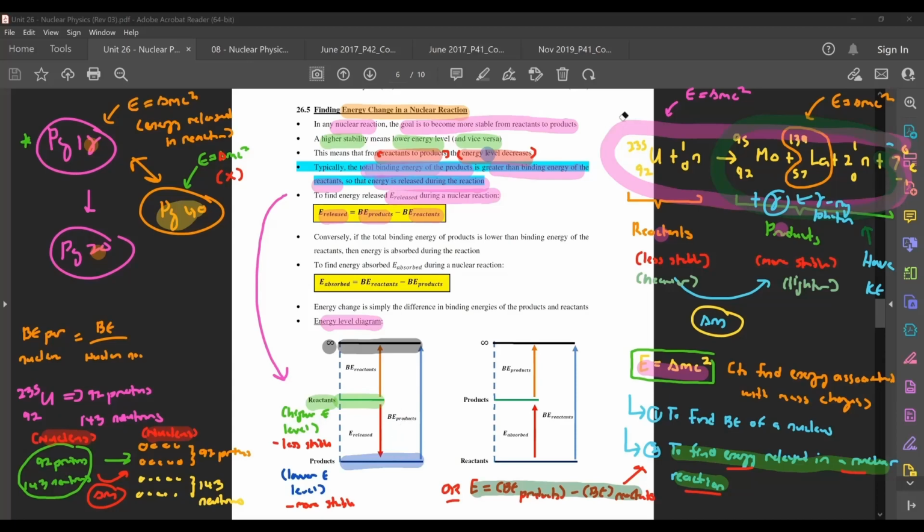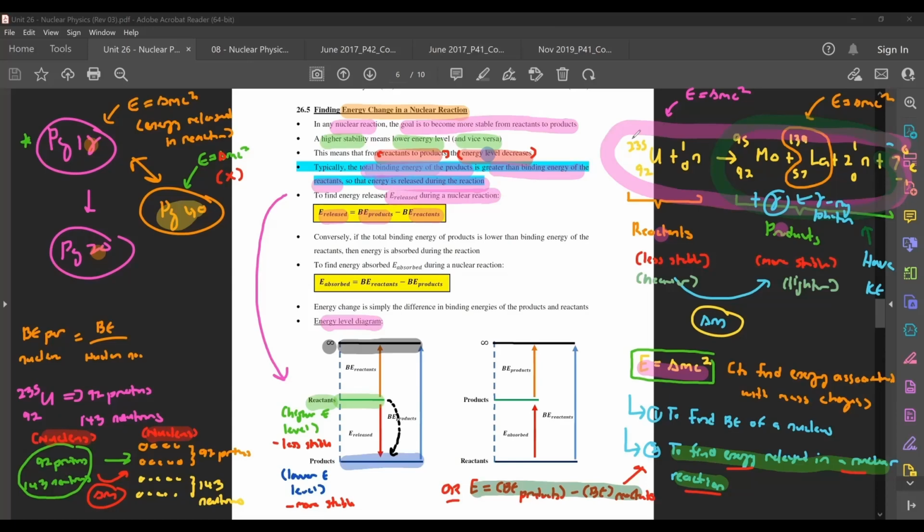All right, let me just draw some random line here for you to see. Maybe it's in black. From reactant, I go down to products, from less stable to more stable. Now if I look at it in another way, if I try to relate my energy level diagram to BE, you remember that BE is the energy required to separate a nucleus into individual nucleons completely to infinity, right?